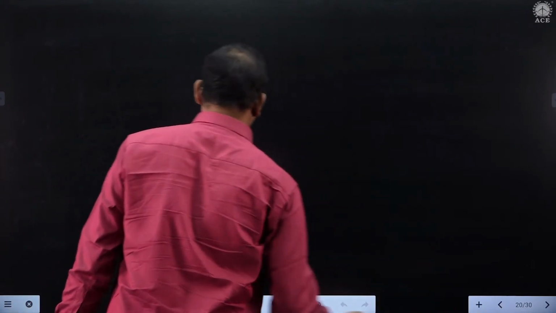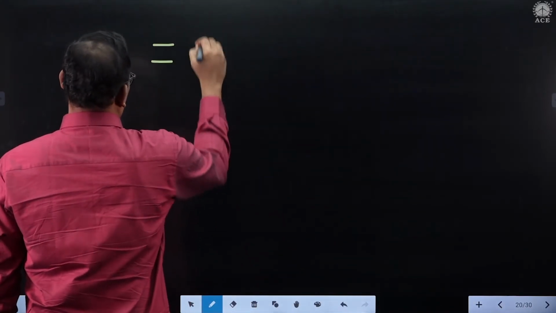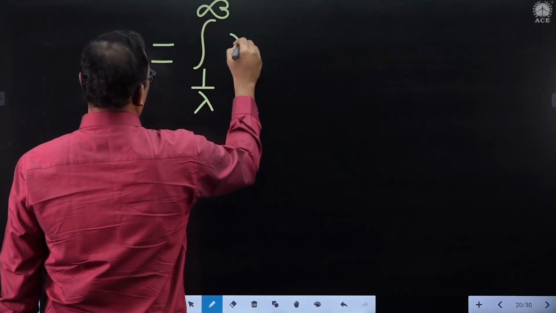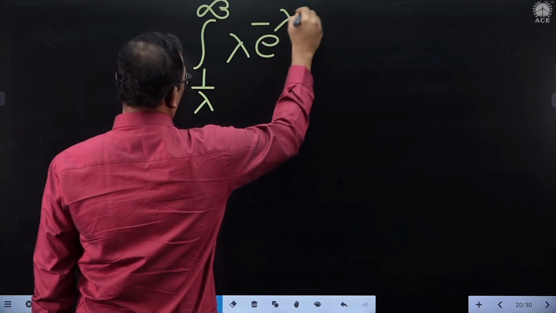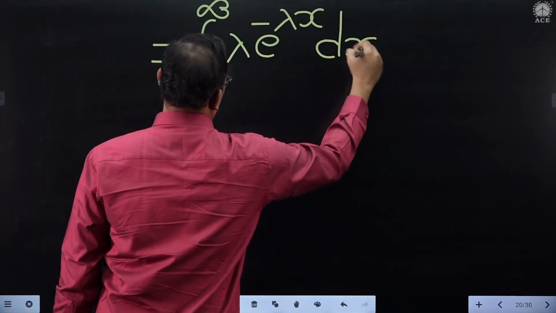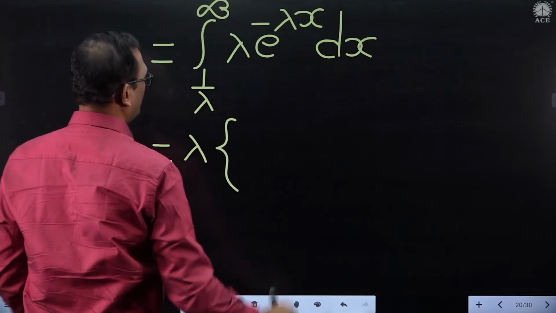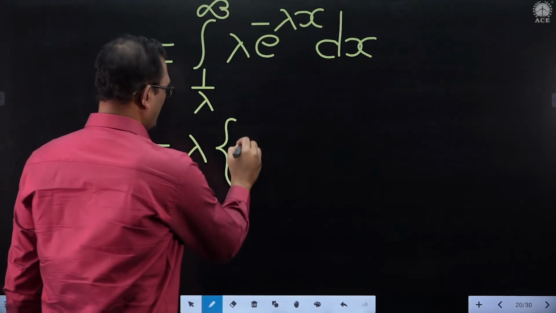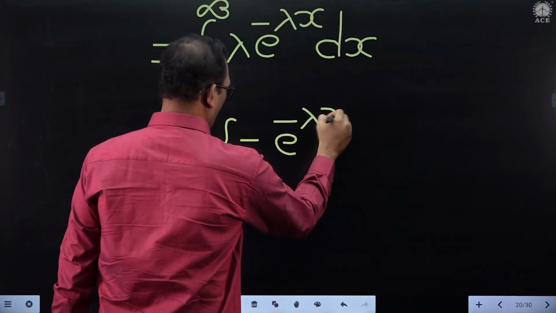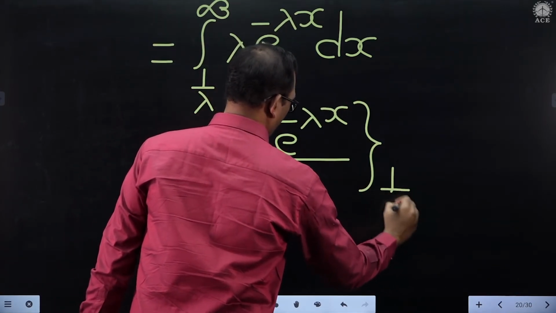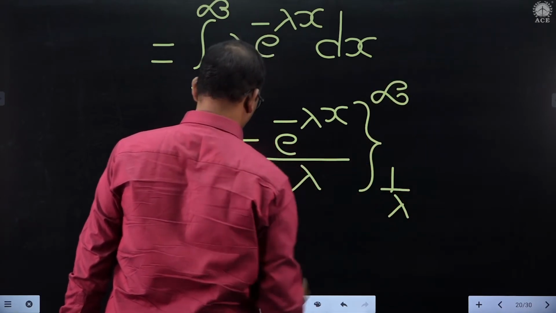So this is equal to the integral from 1 by lambda to infinity of lambda e to the power of minus lambda x dx. Lambda is a constant, and the integration of e to the power of minus lambda x is minus e power minus lambda x by lambda, between the limits 1 by lambda to infinity.